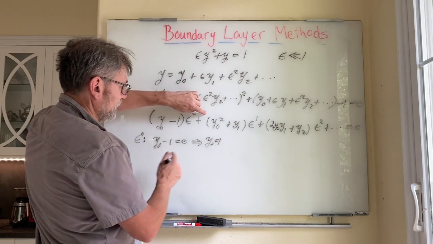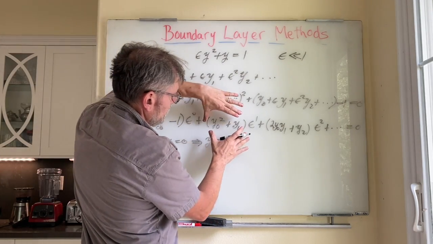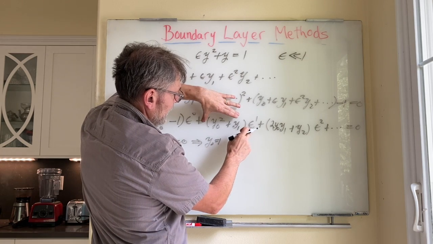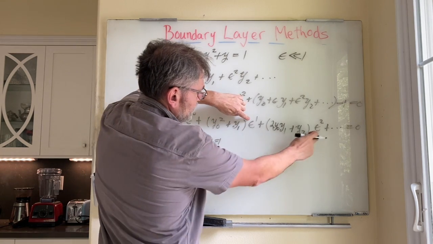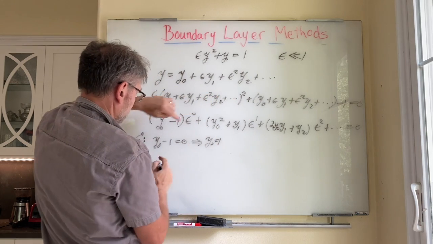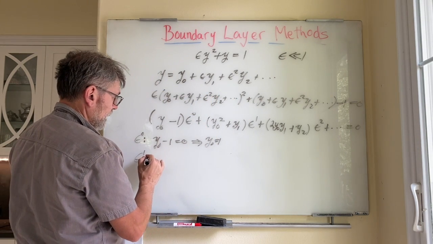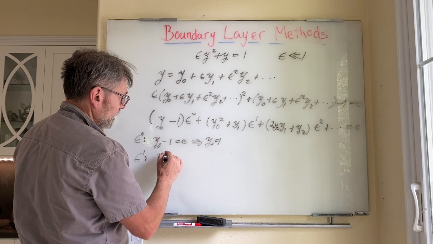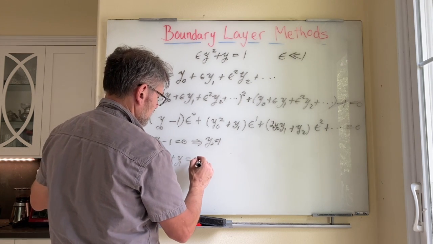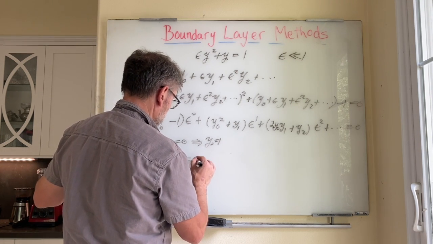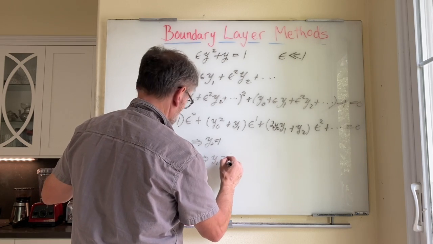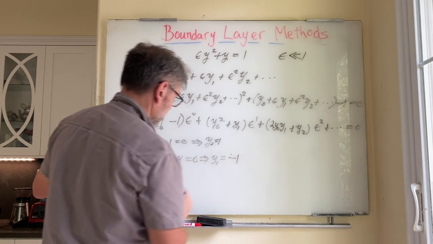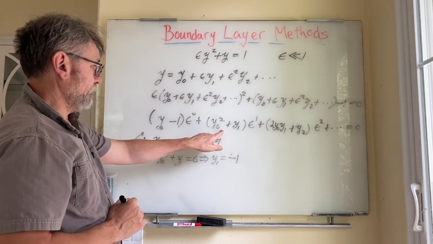From the second term, same thing: as epsilon goes to 0, this term will vanish before the next one. So we're left with the condition that y naught squared plus y1 is equal to 0, which means that y1 is equal to minus 1.